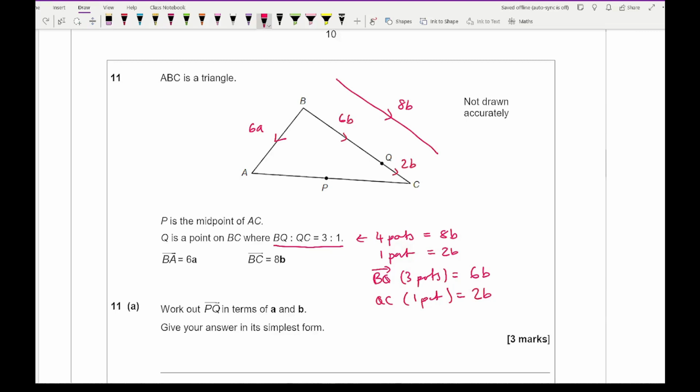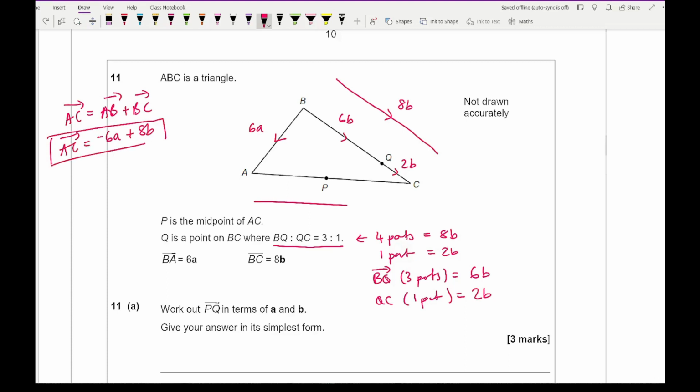So then once all the vectors are labeled, we've still not worked out what A to C is. So A to C is going to be A to B plus B to C. And A to B is minus 6A and B to C is 8B. So that means that A to C is going to be minus 6A plus 8B.